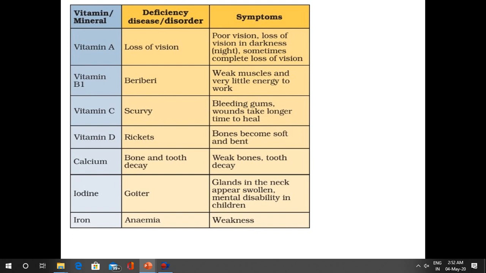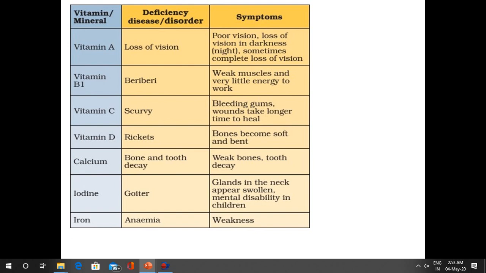This causes a disease called beriberi, and we will have weak muscles and very little energy to work. Vitamin C deficiency causes scurvy, in which we will have bleeding gums and wounds take longer to heal. Vitamin D deficiency causes rickets, and bones become very soft and bent.